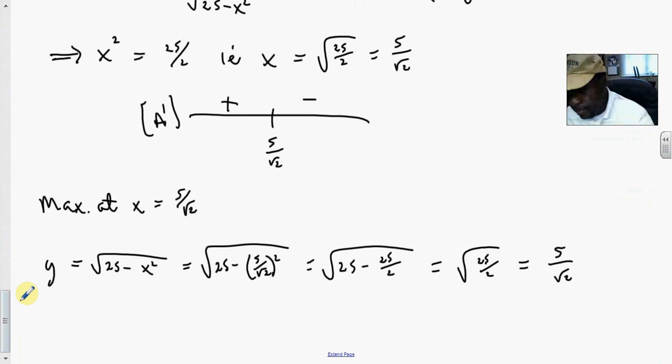Let's see. This is the same as 5 times the square root of 2 over 2.